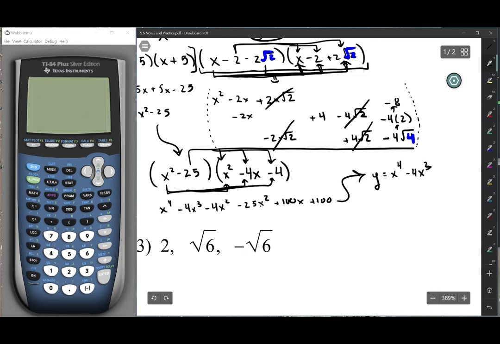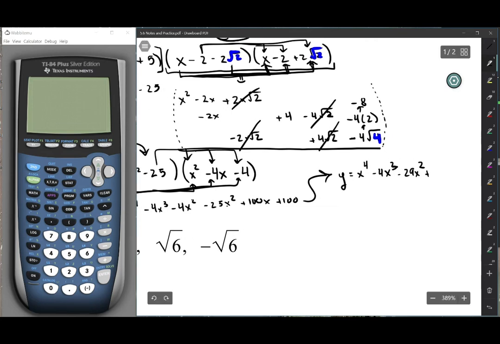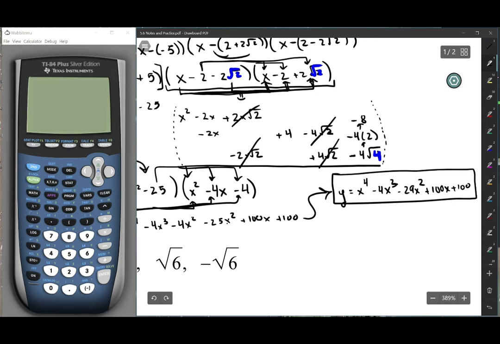X squareds are going to be minus 29x squared plus 100x, and then plus 100. Whew, I know you're like, that wasn't much easier, but it was just multiplication, and I'm guessing this was the only scary part. But practice will make perfect.